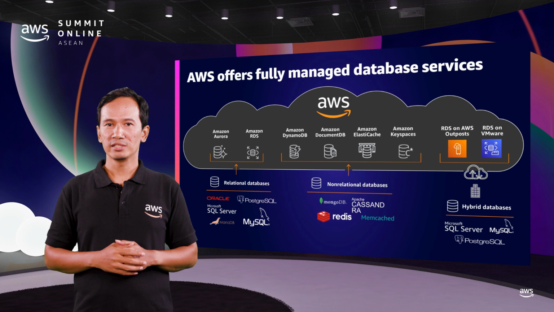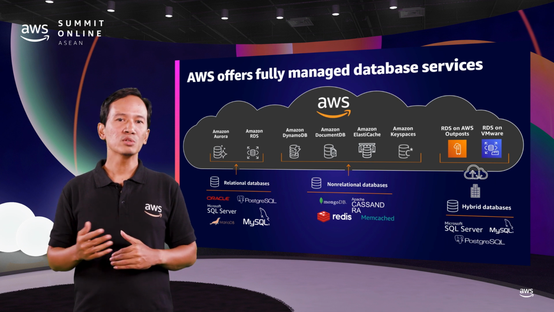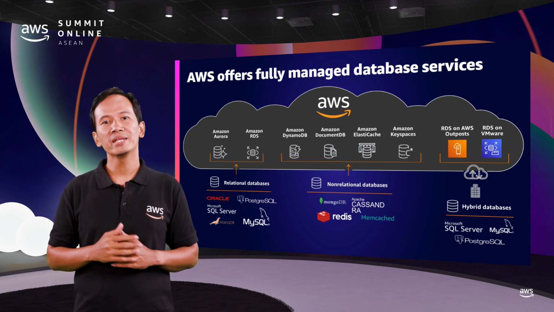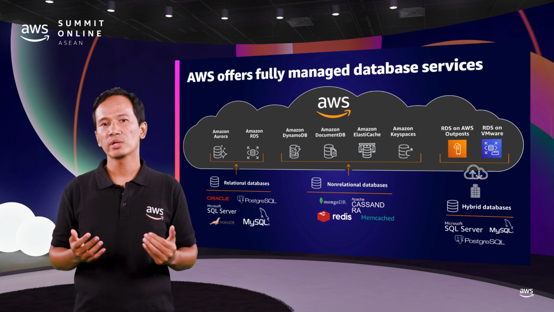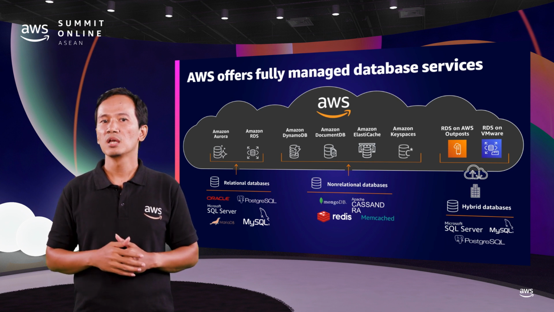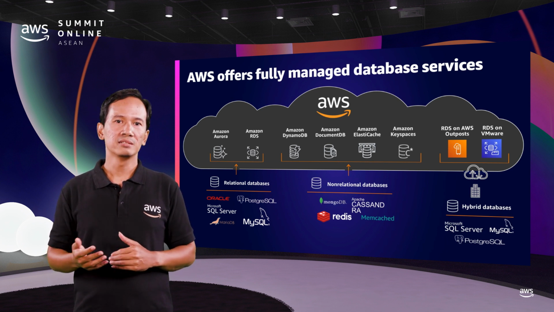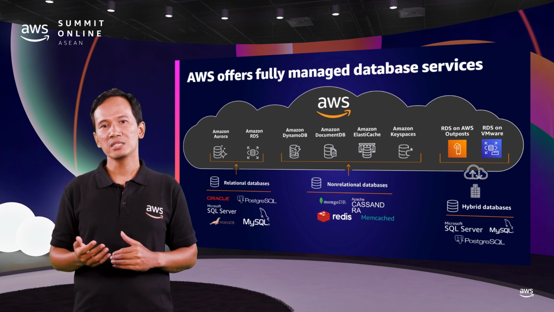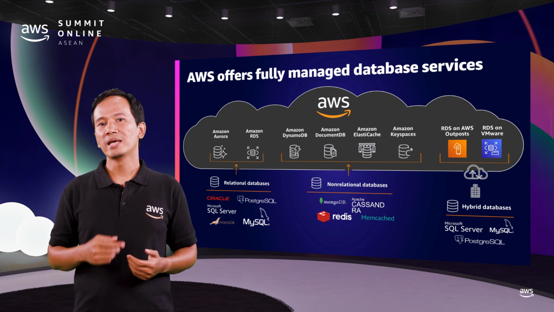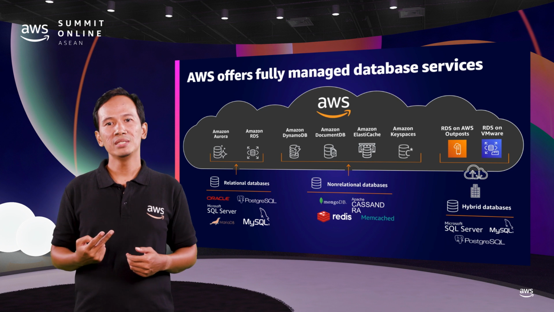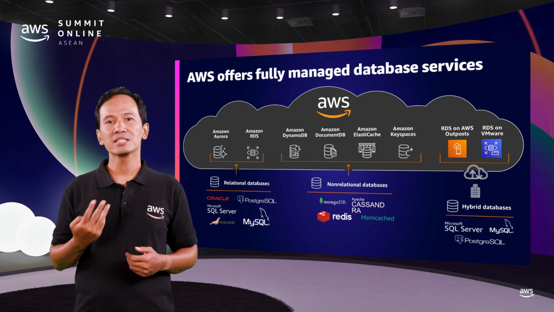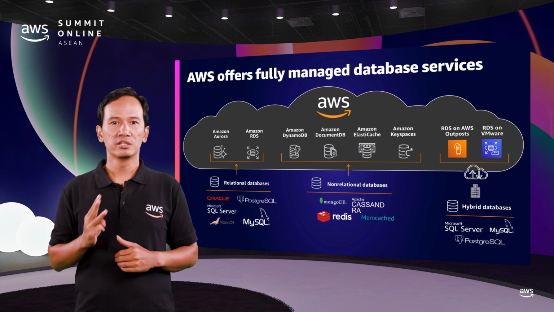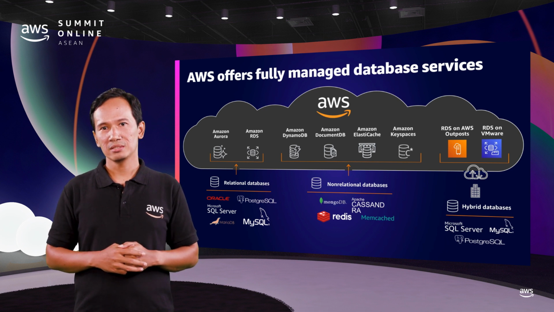Second, non-relational databases. For customers wanting to move away from self-managed non-relational document stores and key-value stores such as MongoDB, Cassandra, Redis, and Memcached, AWS offers DynamoDB, DocumentDB, ElastiCache, and a managed Cassandra service. Third, hybrid cloud databases.